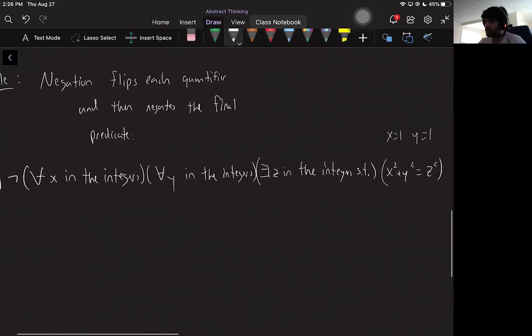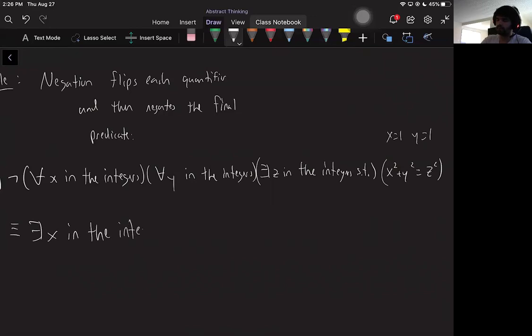And now let's try to negate it using our quick rule. So the negation should pass through all of the quantifiers and flip them. There is going to be an x in the integers such that there's also going to be a y in the integers, aka there's going to be a pair of numbers.